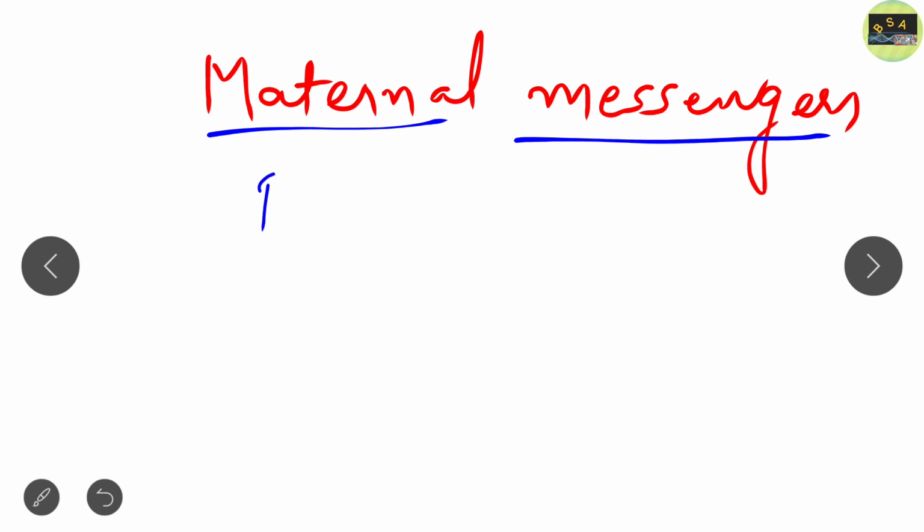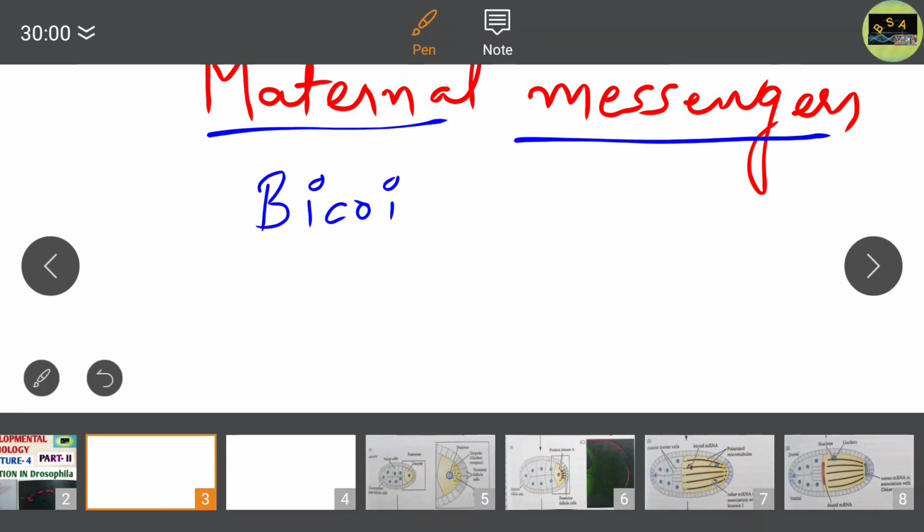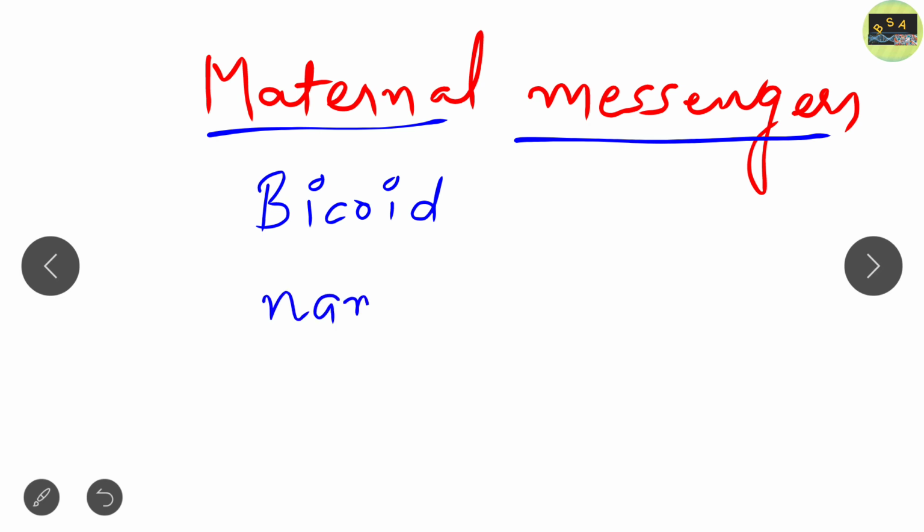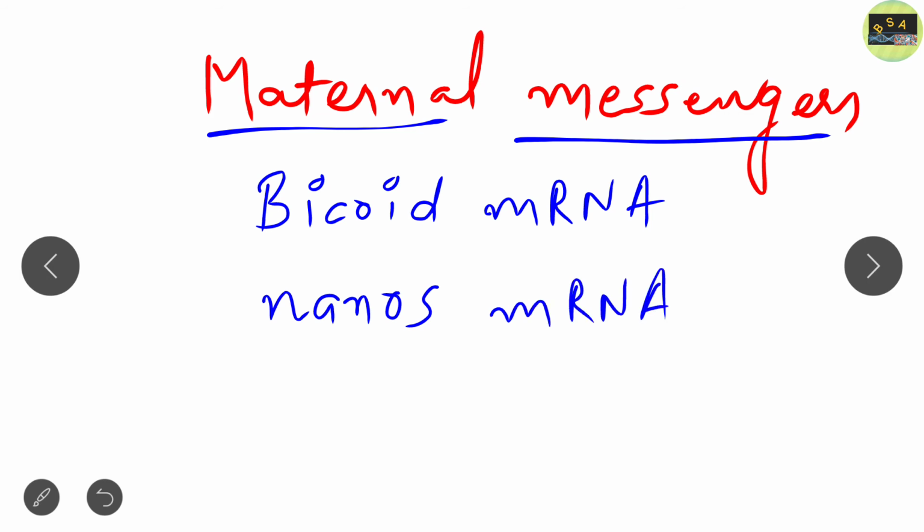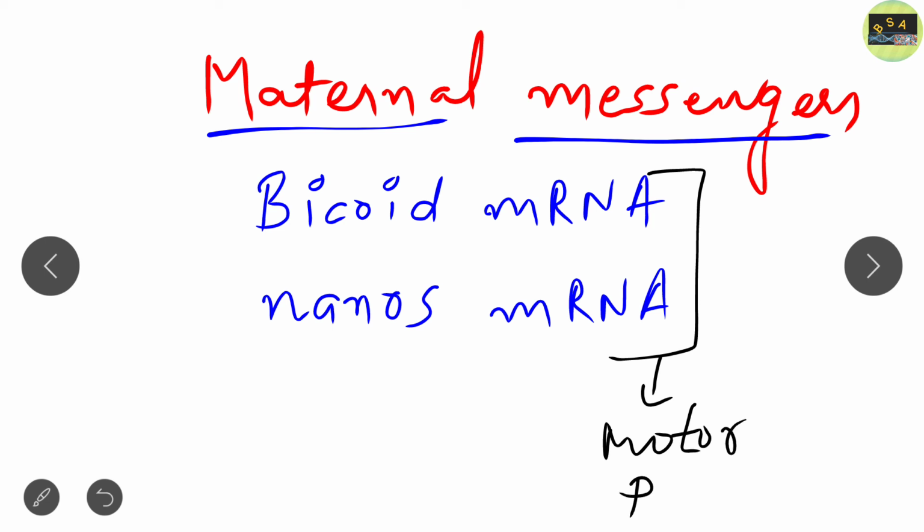Note down: bicoid and nanos. Clear? These are mRNAs, bicoid mRNA and nanos mRNA, and they are carried by motor proteins along the microtubule to the anterior end and the posterior end.